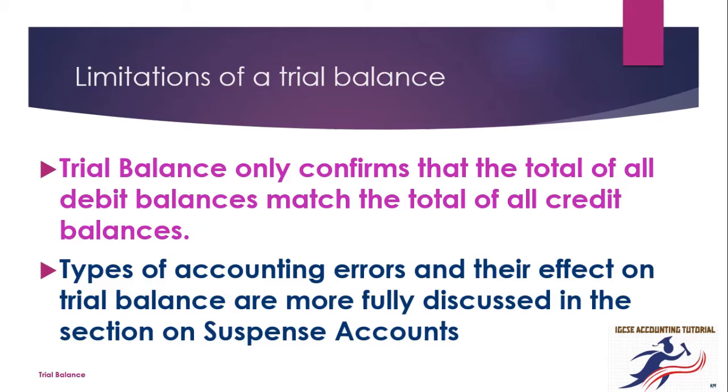Then the types of accounting errors and their effect on the trial balance are more fully discussed in the sections on suspense accounts. So it is the complicated limitation of a trial balance. It means whenever the sides don't match, at that time they need to be matched by a suspense account.